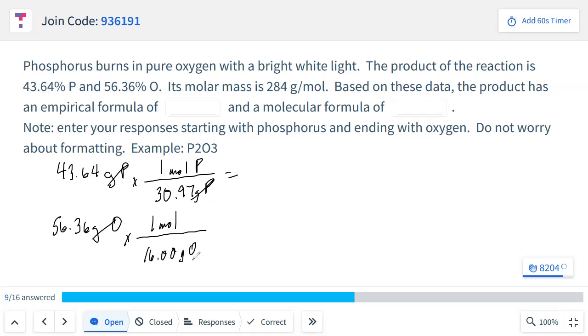But 16 grams of oxygen in every mole. And so if I do the calculations, 43.64 divided by 30.97 will give me 1.409 moles of phosphorus. 56.36 divided by 16 will give me 3.523 moles of oxygen.